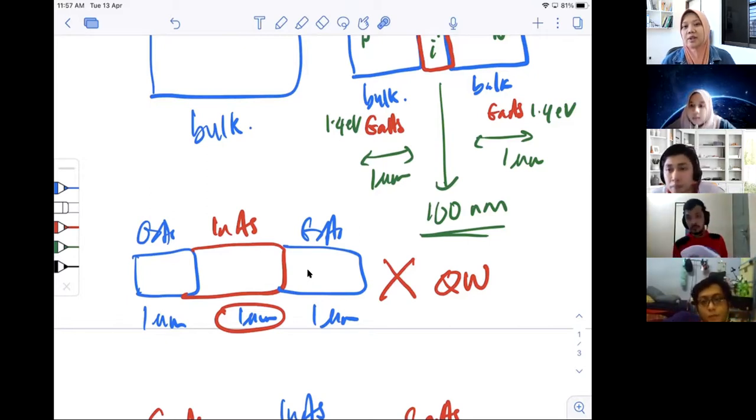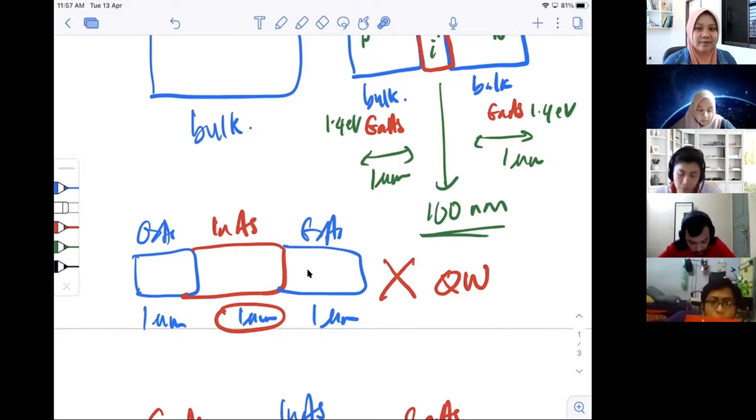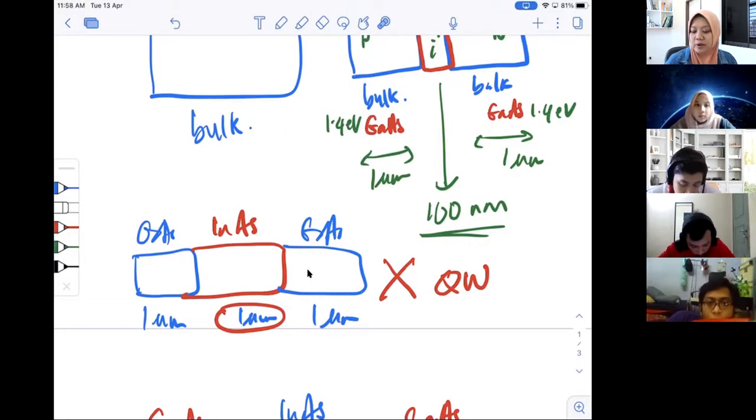Then you need to show that there's a band alignment, kena tunjuk yang energy band diagram tu, EG tu berbeza. So tu je lah. You will see when you draw for your assignment.